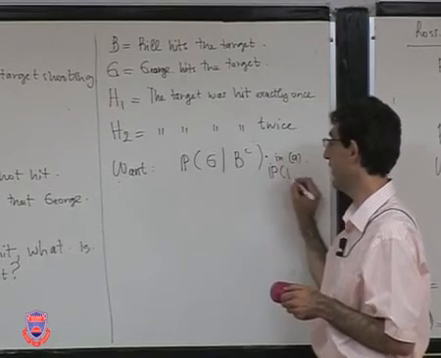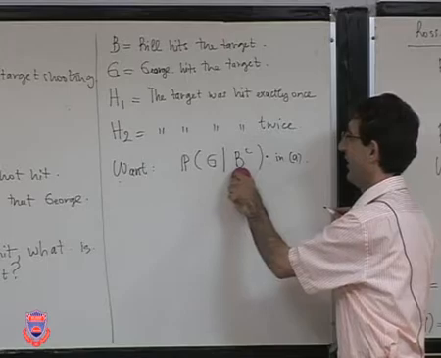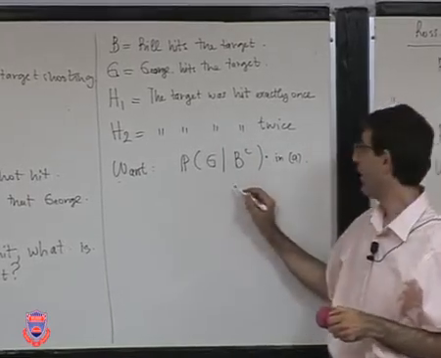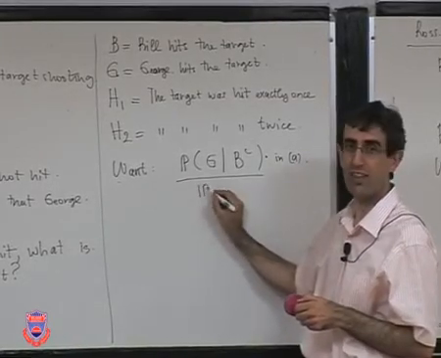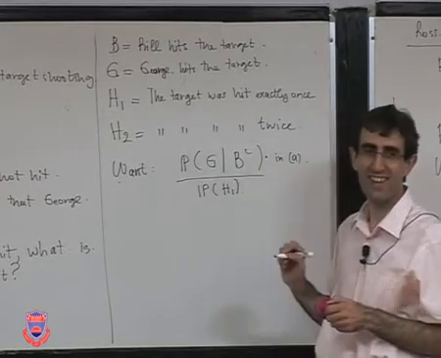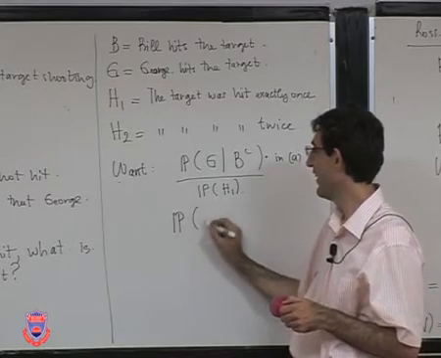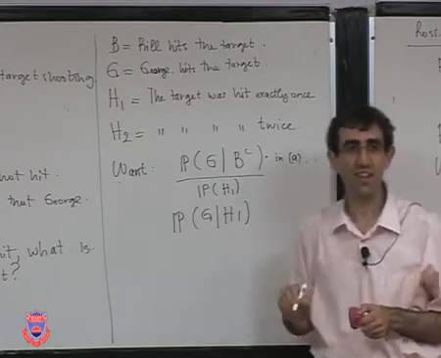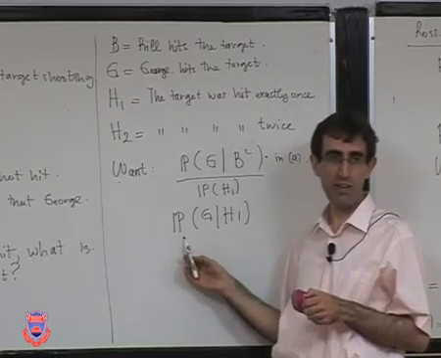Like this? No, it's over, because we are using conditional probability. Over the probability of H1? You mean like this? You would divide this? No, you are making it too complicated. Any other suggestions? Okay, how about this? Read it in English. Probability.